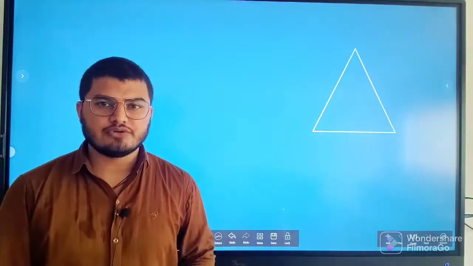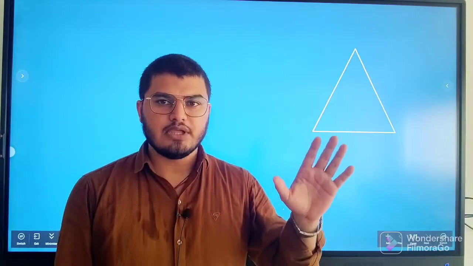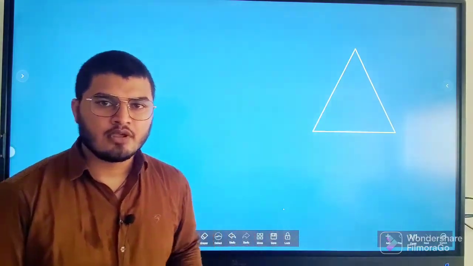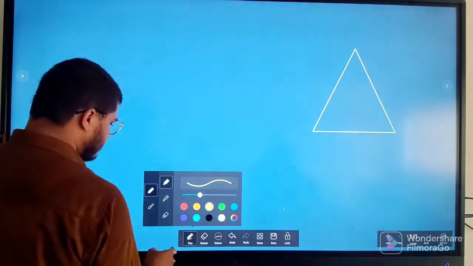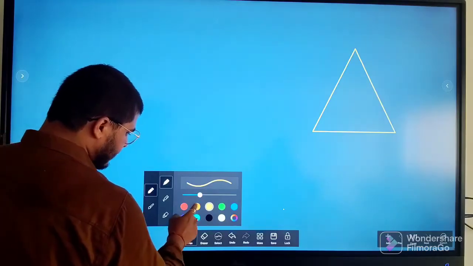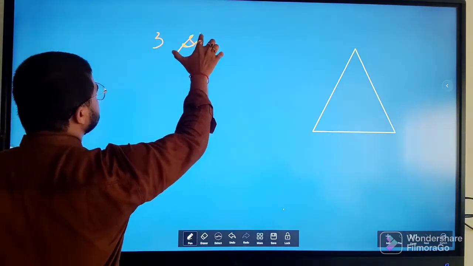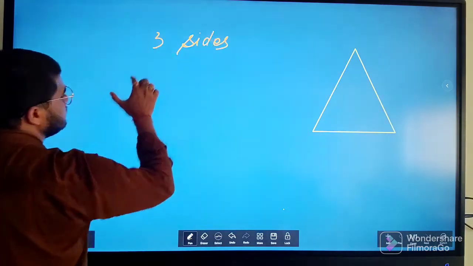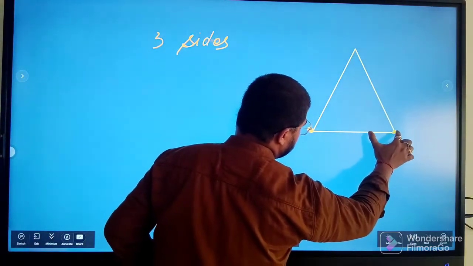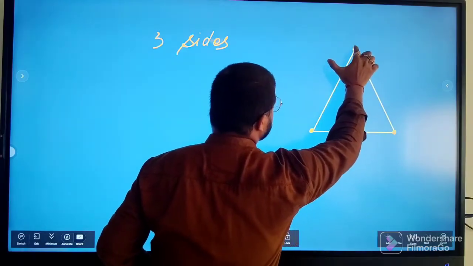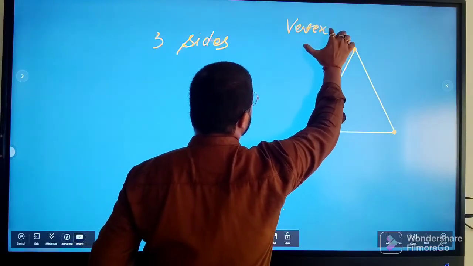So first I would like to go into basic details about triangles. A triangle comes in the category of a polygon, right? So a triangle is a three-sided polygon. A triangle has three sides, and there are three corner points, each known as a vertex.